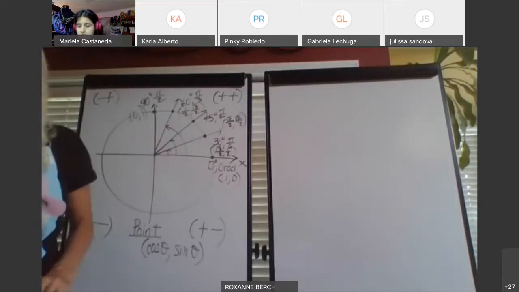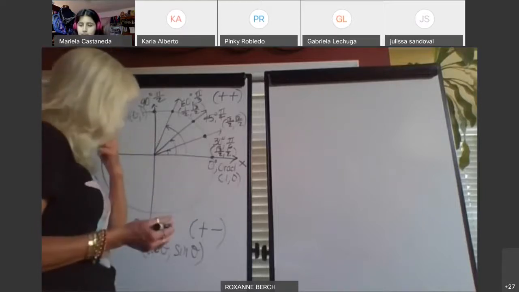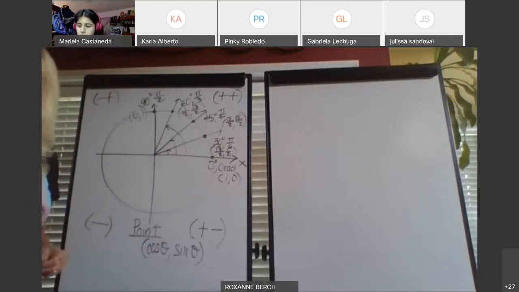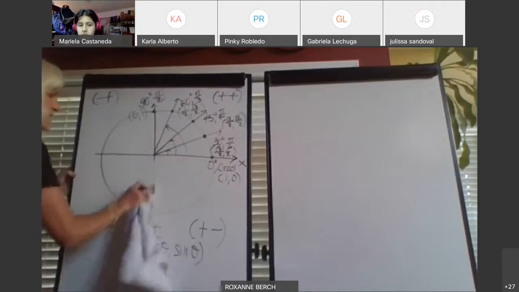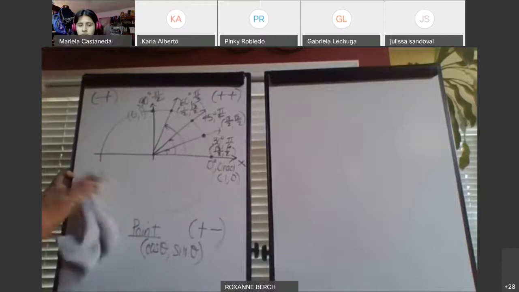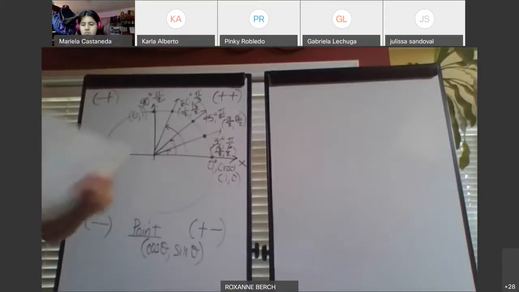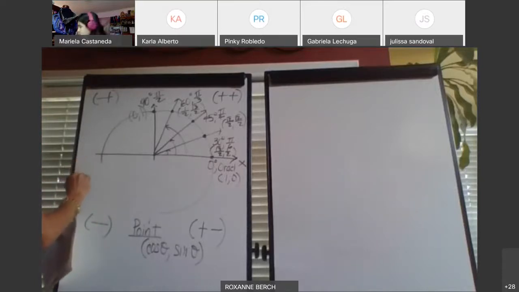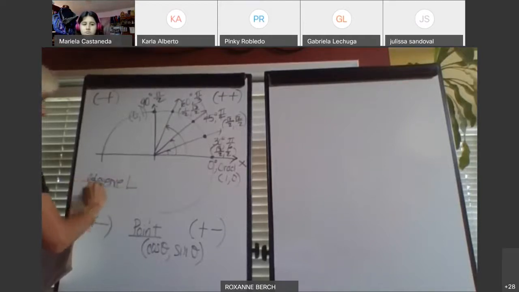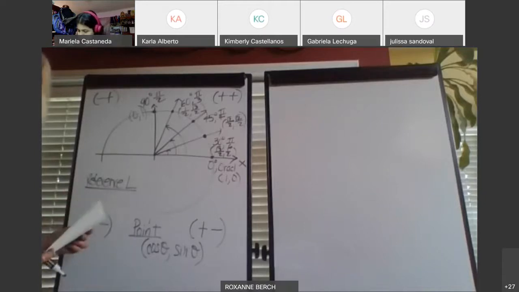I'm going to leave that up there, and I'm going to go into evaluating trig functions, special angles. But the first thing I want to talk about is the reference angle. So I'm going to write it right here because I'm going to use the other board. Okay, a reference angle is a positive acute angle in the first quadrant.